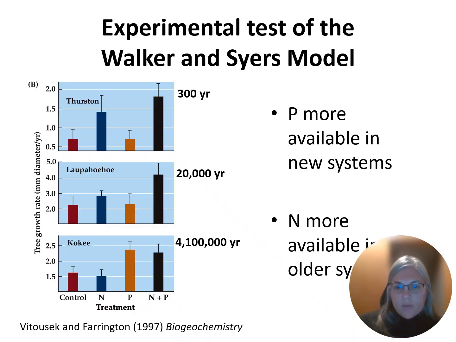So just recapping, phosphorus is more available in new, younger ecosystems, while nitrogen tends to be more available in older systems. If we look at it from a global perspective, I know some of you doing your biomes were saying there are no phosphorus measurements, I can't find these. Some of that is because of the type of ecosystem you're looking at. Ecosystems like tropical systems around the equator have old soils.